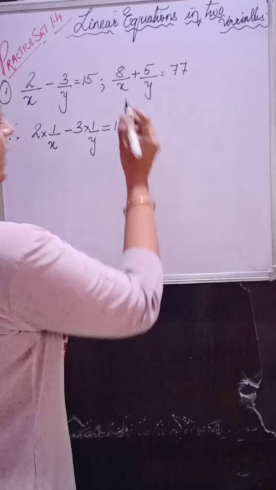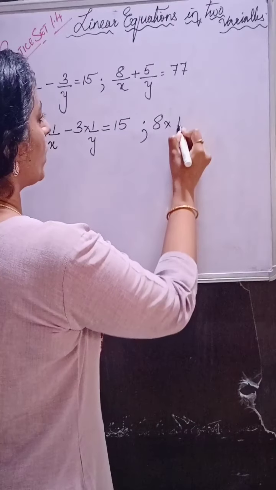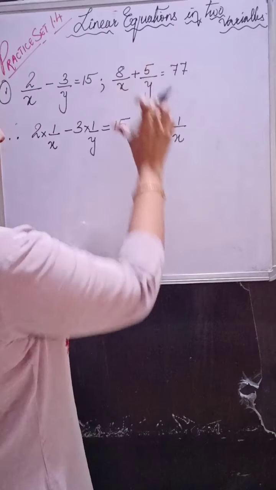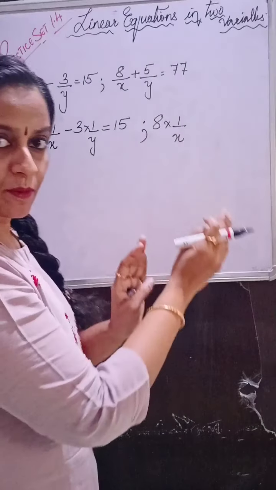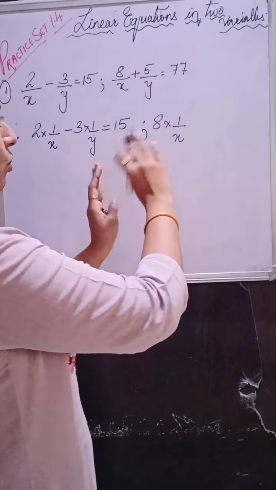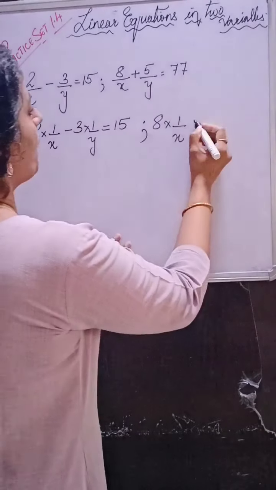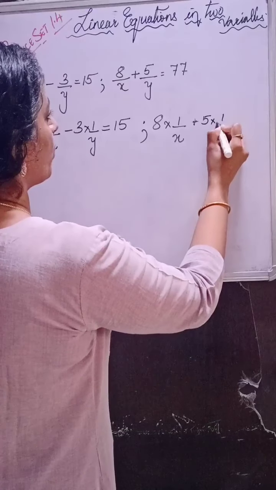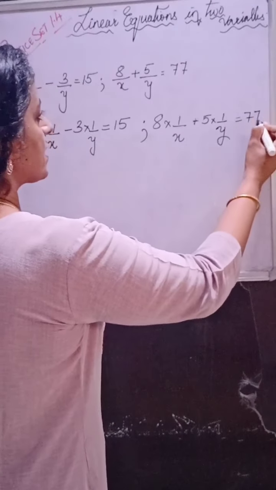Similarly, I can write the second equation as 8 into 1 upon x. 8 into 1 upon x is 8 upon x. This time I am just showing you this equation in 1 upon x form, plus 5 upon y can be written as 5 into 1 upon y equal to 77.